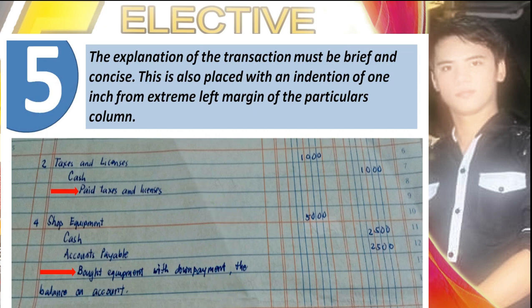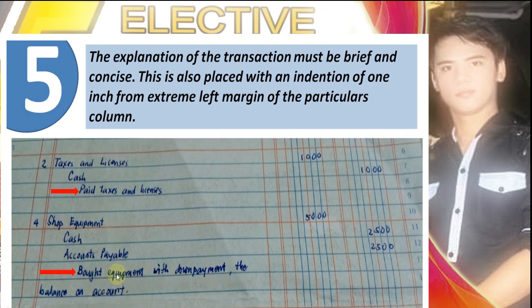What is brief? Short. But even if it is short, based on the explanation, whoever looks at our journal should immediately understand what transaction happened. Like this, paid taxes and licenses. What happened? On June 2, 2020, we paid taxes and licenses, using cash. Next, bought equipment with down payment, the balance on account.